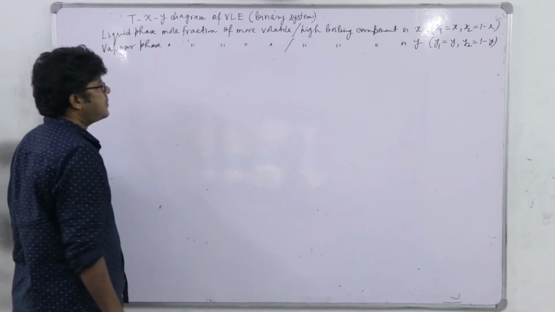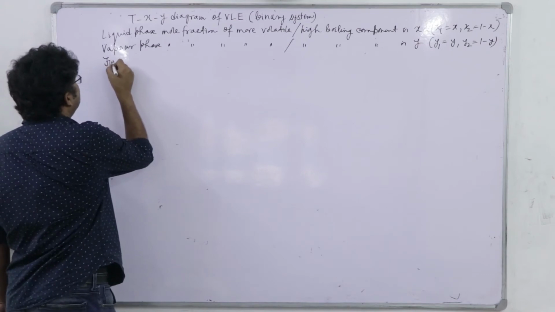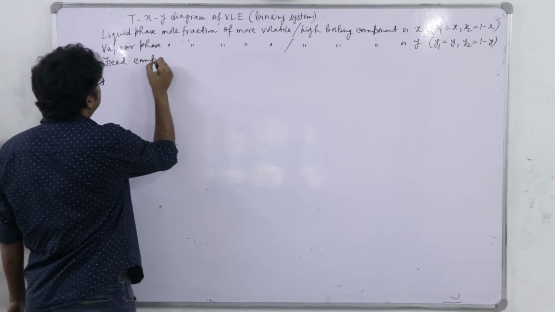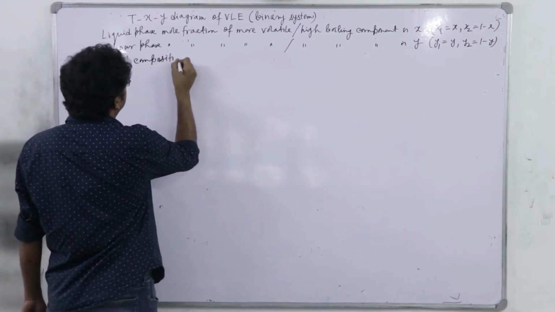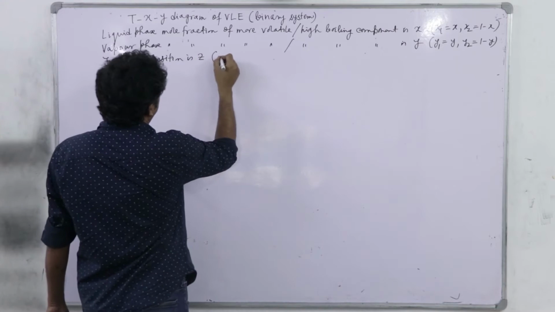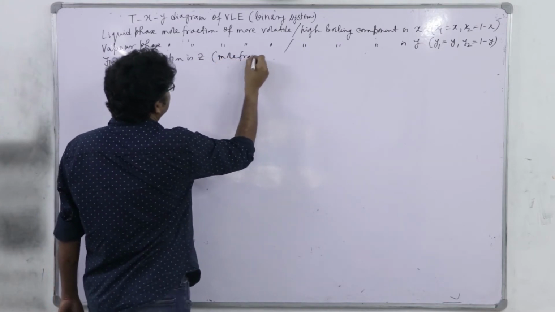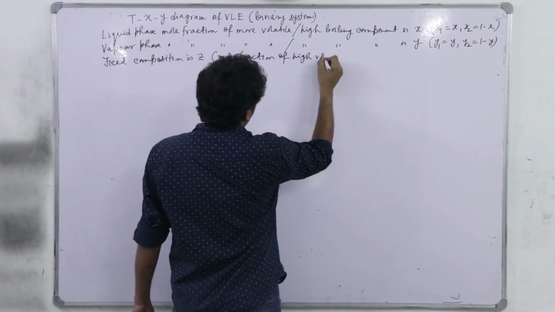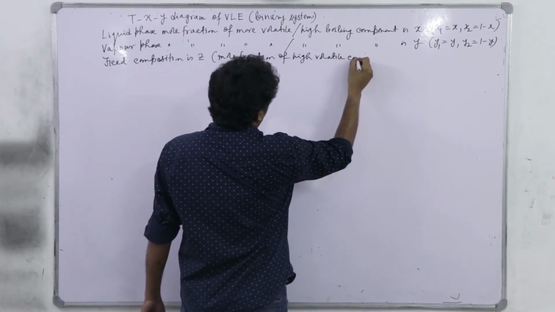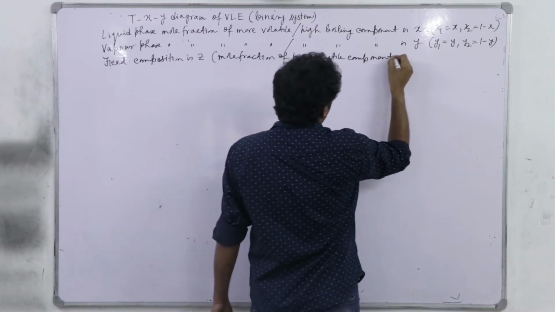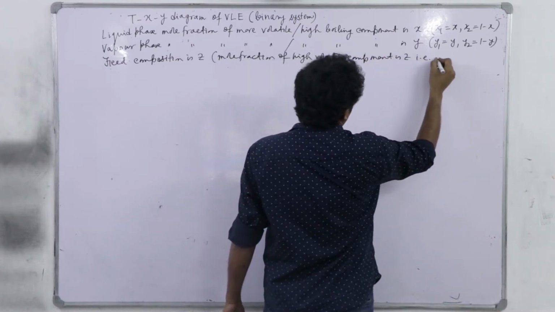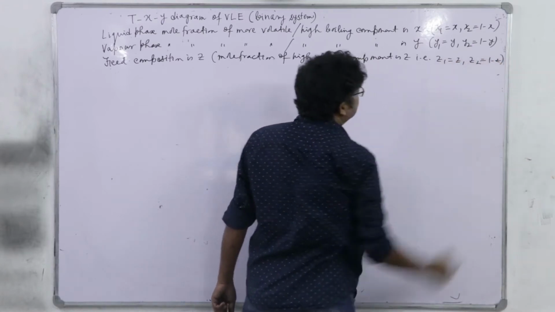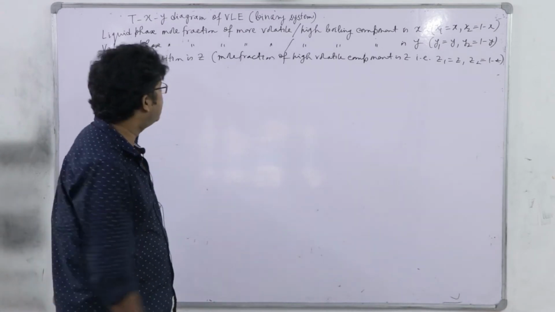Right. Now the feed composition is Z. The mole fraction of the highly volatile component is Z, that is Z1 is equal to Z, Z2 equal to 1 minus Z. Now what do we do in general?